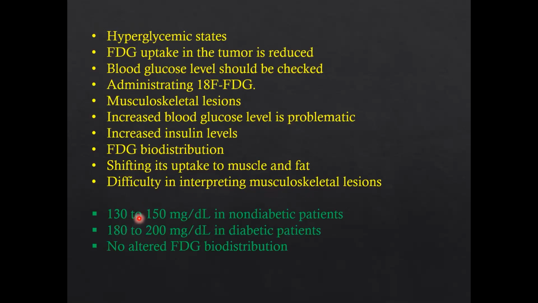The ideal blood sugar level should be 130 to 150 milligram per deciliter in non-diabetic patients and 180 to 200 milligram per deciliter in diabetic patients, and then there will be no impact or alteration in the FDG biodistribution.